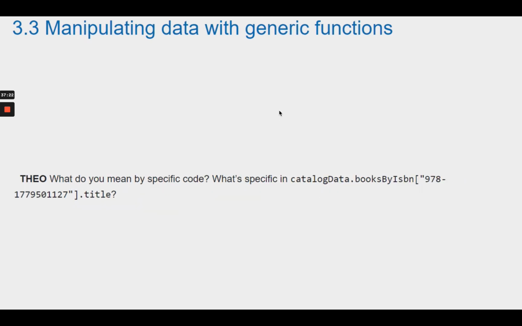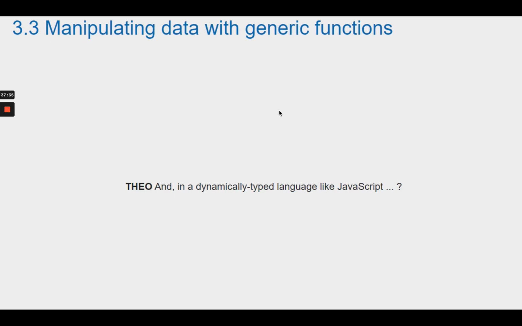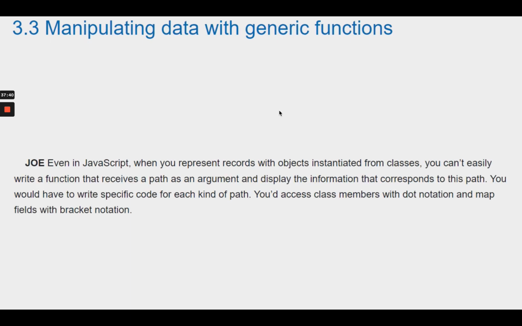Theo: What do you mean by specific code? What's specific in this? Joe: In a statically typed language like Java, you'd need to import the class definitions for catalog and book. Theo: And in a dynamically typed language like JavaScript?